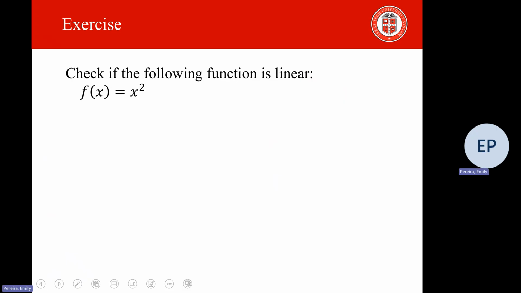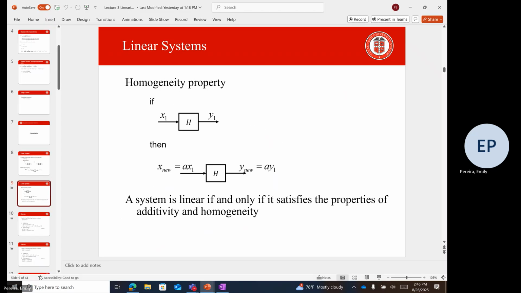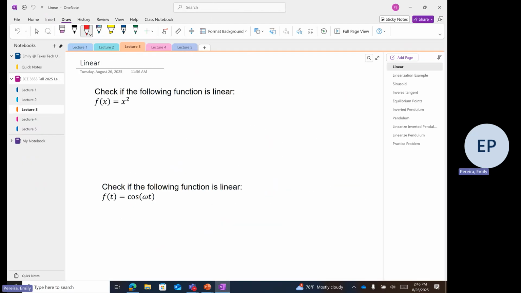All right, so now we're going to check if the following function is linear. So we did this in the first lecture, but let's see. We can go to lecture 3. All right, so let's check if the following function is linear.